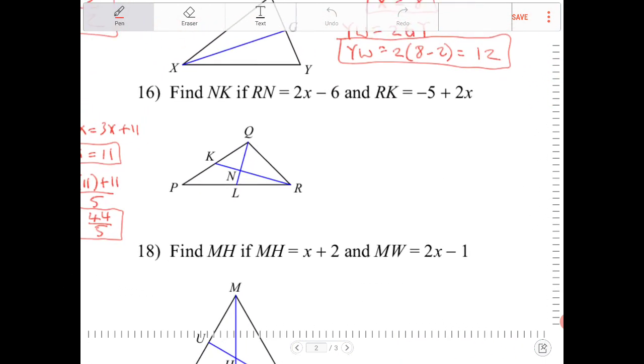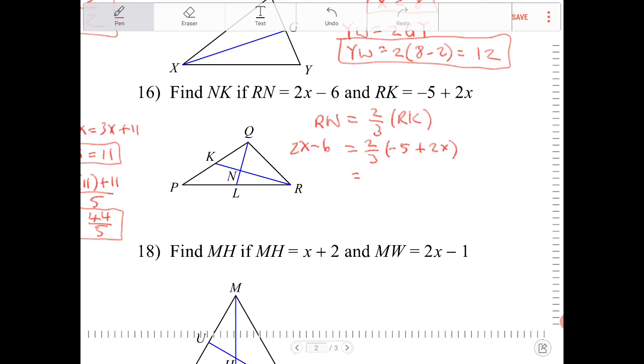All right, number 16. Rn is 2/3 of Rk. So if Rn is 2x minus 6 and 2/3 of Rk is negative 5 plus 2x, I will now distribute.